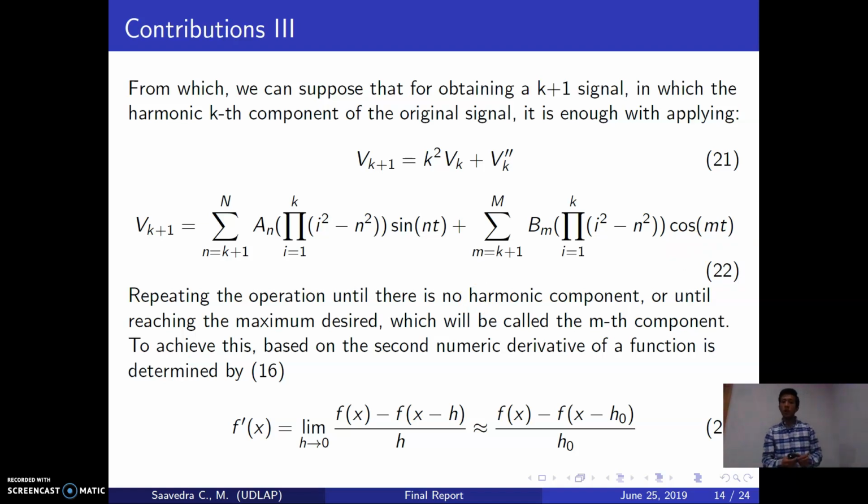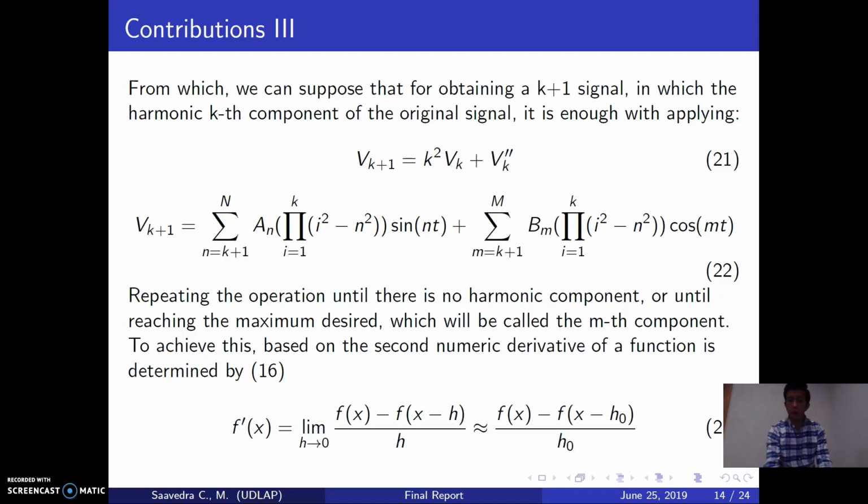And how do we know when we have already reached this point? Well, we have to take into consideration the fundamental calculus. So we're going to apply the derivatives, but just with the expressions.